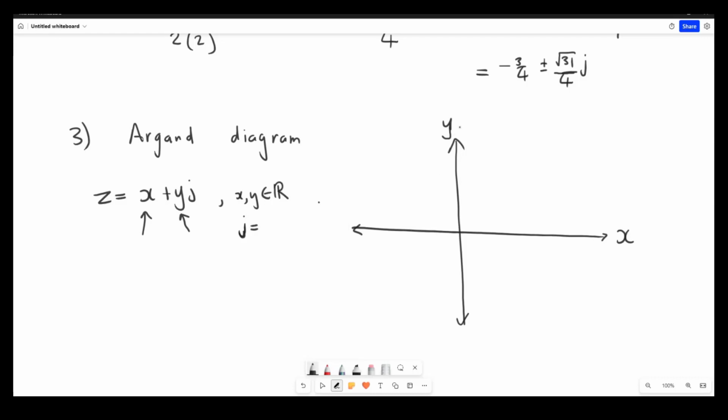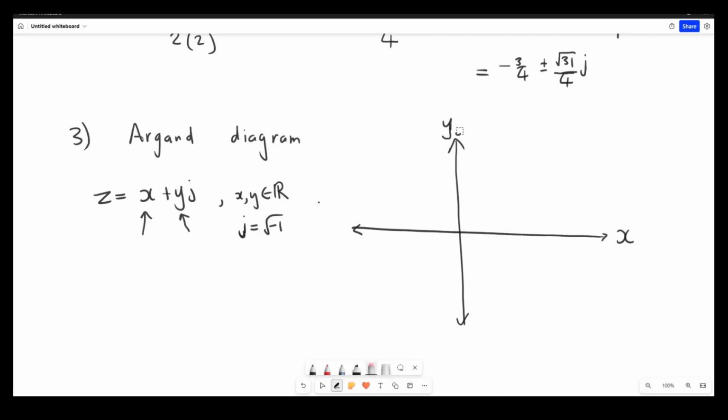Sometimes they put the j there, sometimes they don't. The horizontal axis is the x-axis, the real axis. Of course, j is the square root of minus 1. You must just remember that the vertical axis represents the imaginary numbers, or the imaginary part.